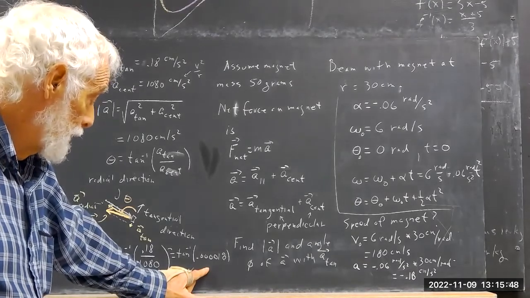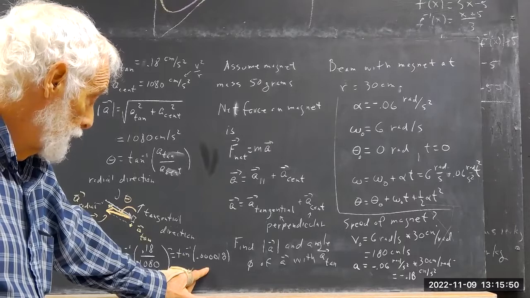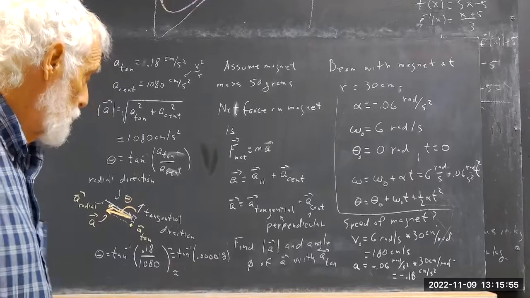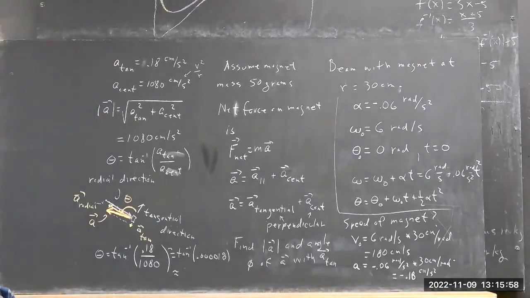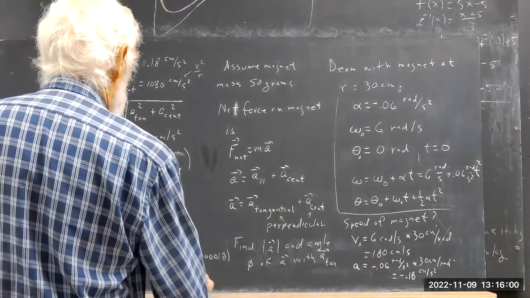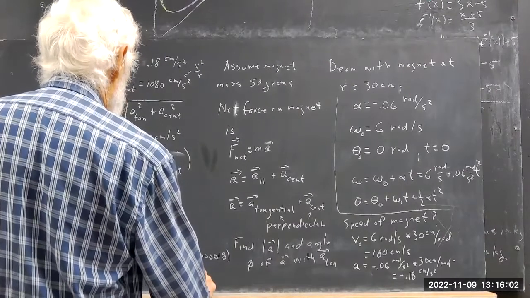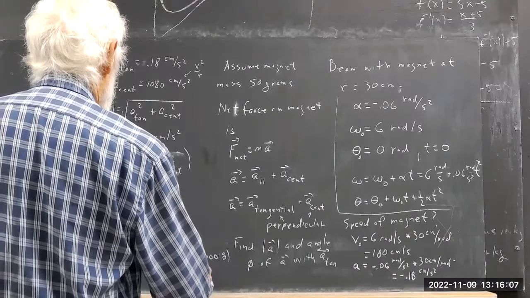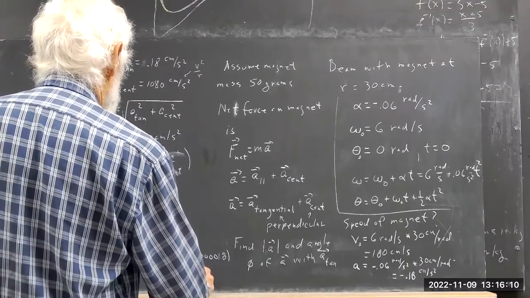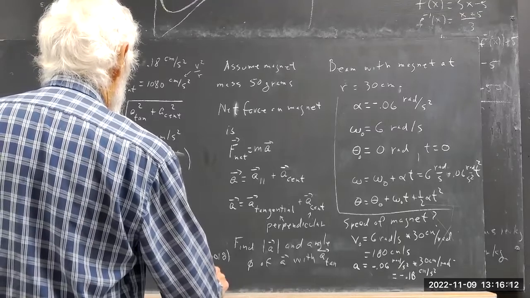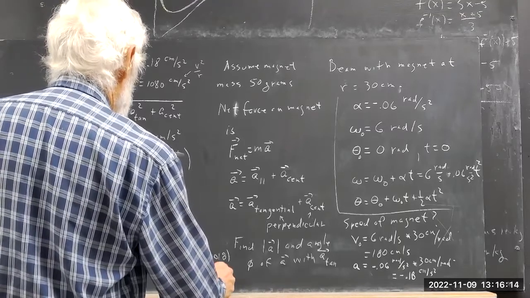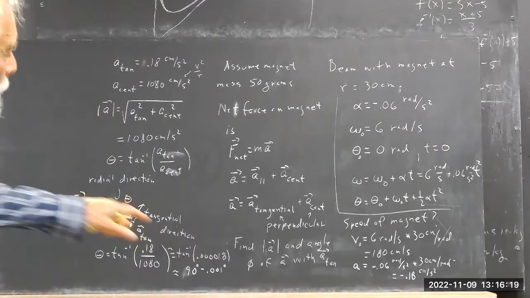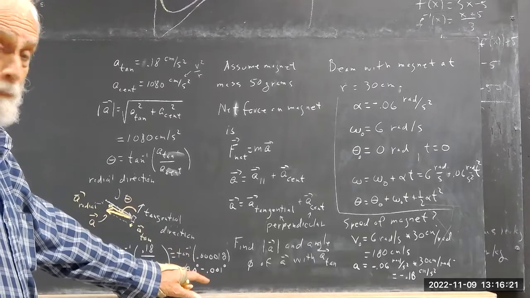That many radians times like 60 degrees is going to give us like one. I'm going to say very approximately 90 degrees minus 0.001 degrees.